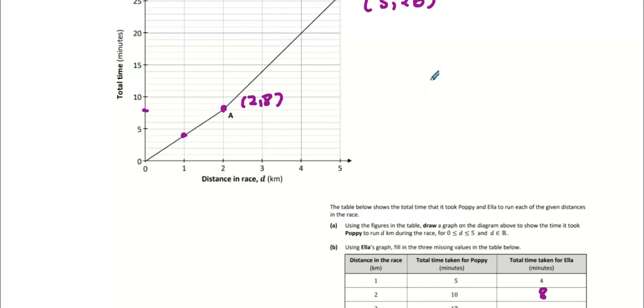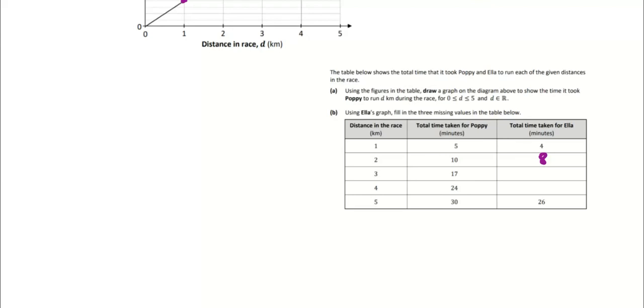She started to go faster basically because the slope changed, right? So this is every kilometer takes how many minutes is what we're looking at. So 3 kilometers then was at 14 minutes, and then 4 kilometers was at 20. Okay, so what do we have here?